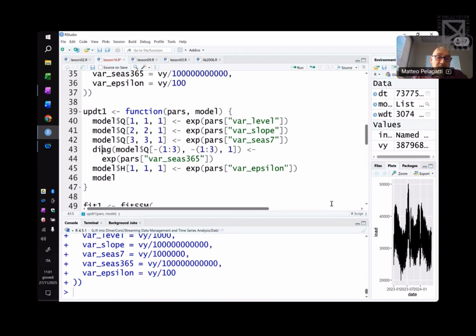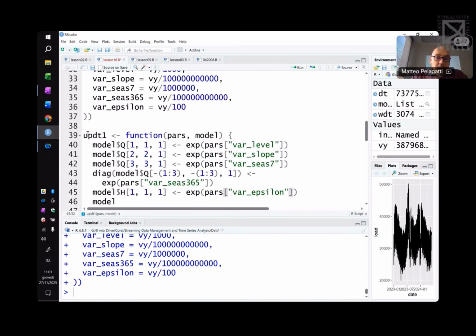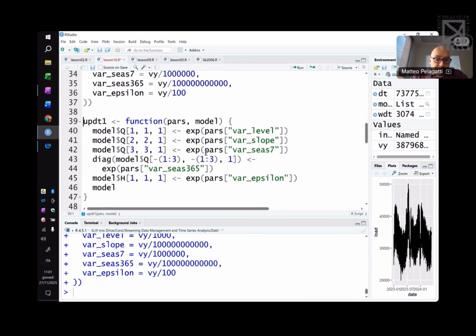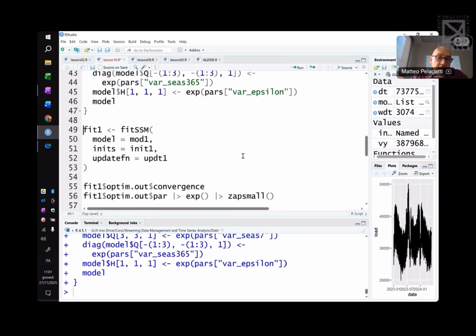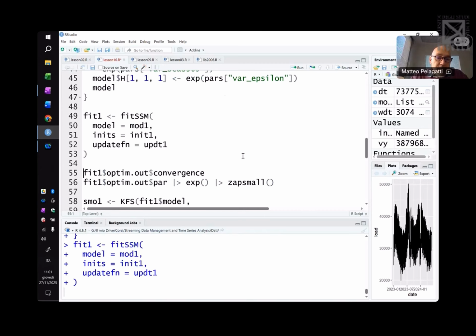And of course, the H is also properly written, because it's just one variance, the element we call var epsilon. In all cases, we're taking, of course, the exponential, as you know why. So this is fine. Here, it will take a little bit more time with respect to last time. And still, this is not a final model, because we're still missing the holiday dummies.